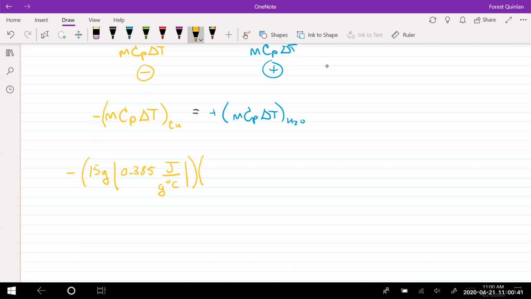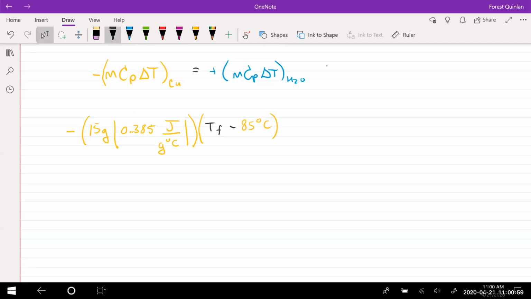And I also have the temperature difference, which is final minus initial. So that final temperature minus the 85 degrees Celsius. This is going to be equal to the opposite over here.